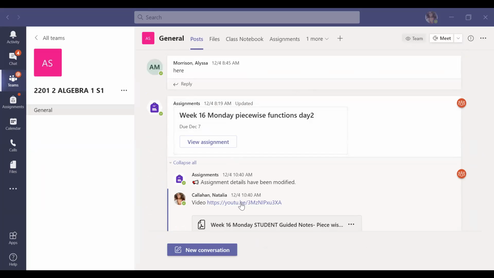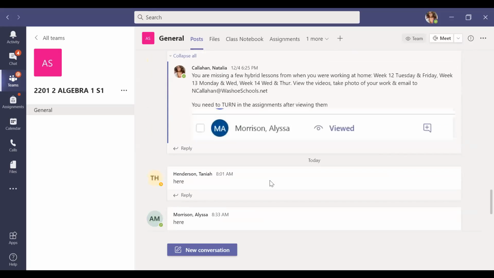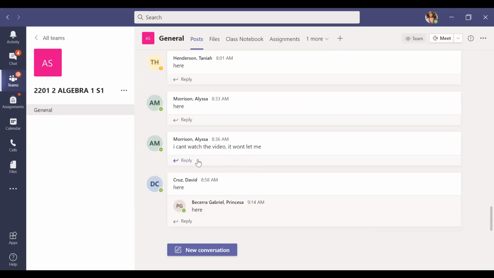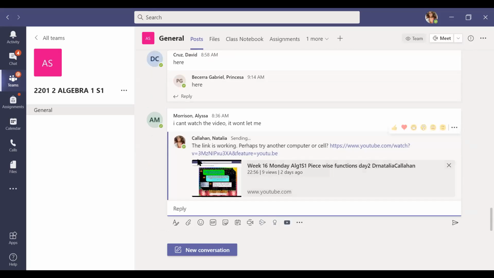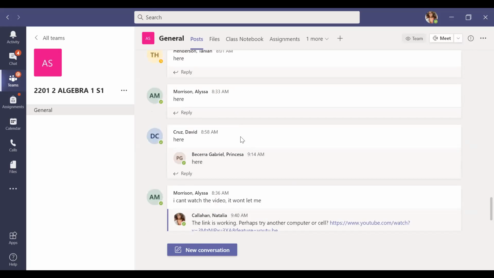But if you're having some difficulty, I would suggest use a different laptop because it seems like it is working on mine. So I'm not quite sure, unfortunately. So let me just go back to here and respond to the student. Perhaps try another computer or cell phone.